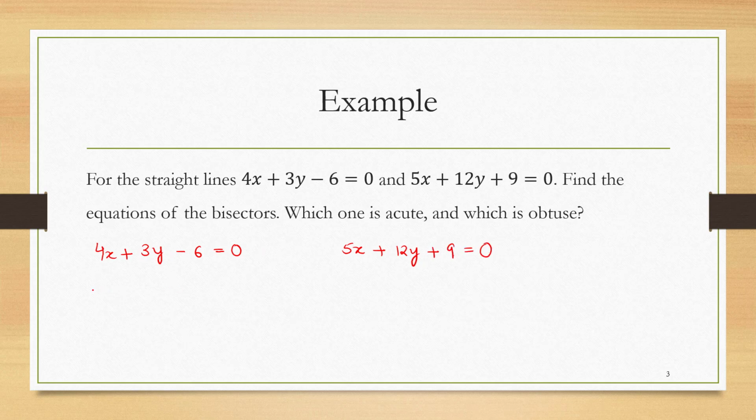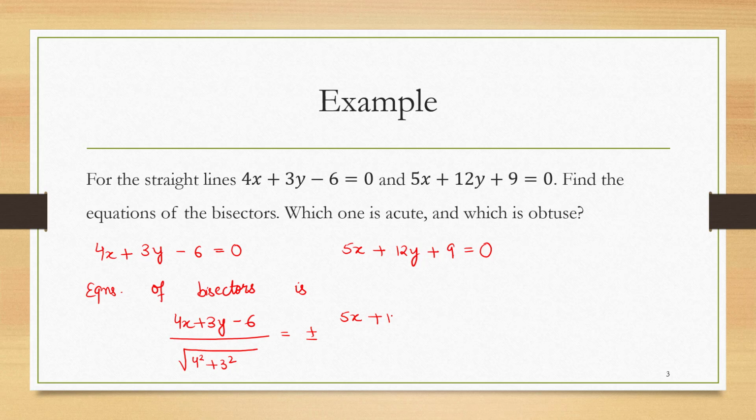So as per the given rule, the equation of bisectors of these two lines is given by (4x plus 3y minus 6) divided by square root of 4 square plus 3 square is equal to plus minus (5x plus 12y plus 9) divided by square root of 5 square plus 12 square, that is 144.